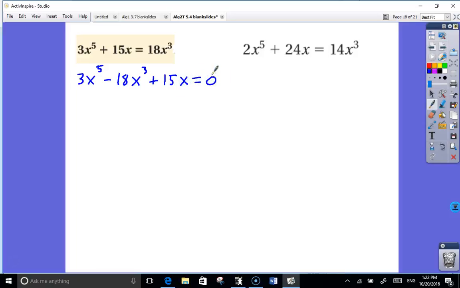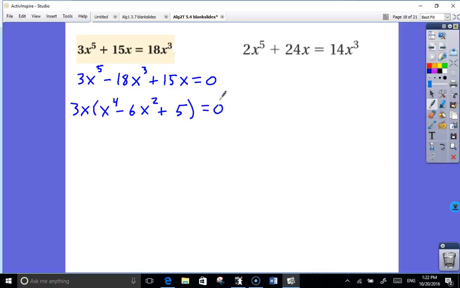Okay, any greatest common factors? There's a 3x, so you take that out. We have x to the 4th minus 6x squared plus 5 equals 0.